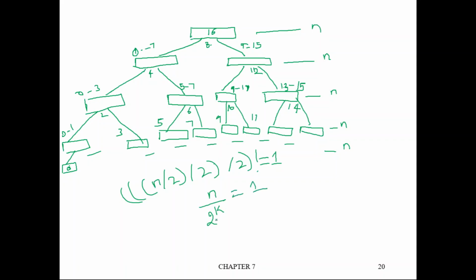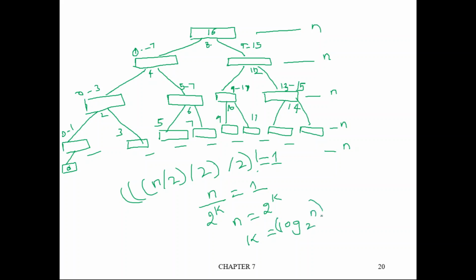We keep on dividing by 2. If n by 2 to the power k is equal to 1, then we stop. So basically n is the number of elements, so n is equal to 2 power k. So what is k? k is equal to log n to the base 2.